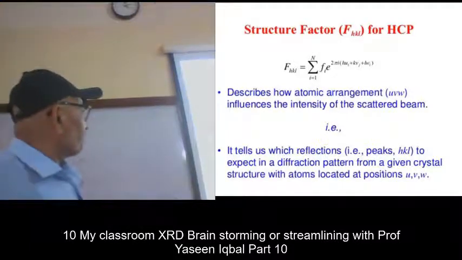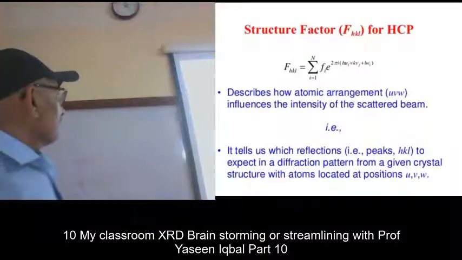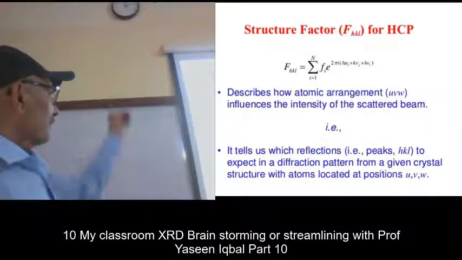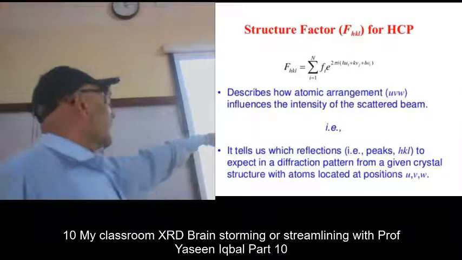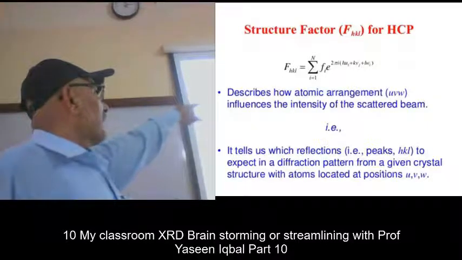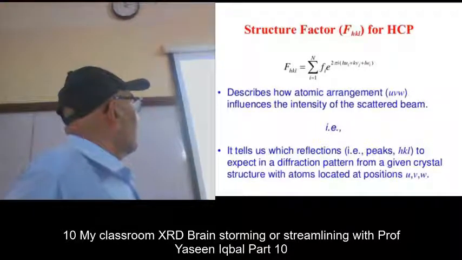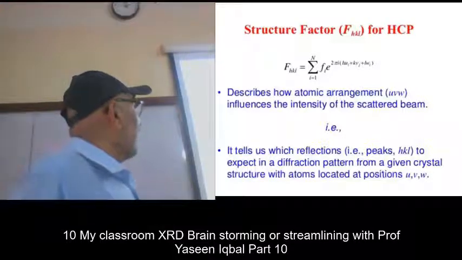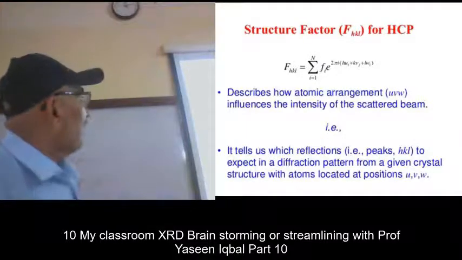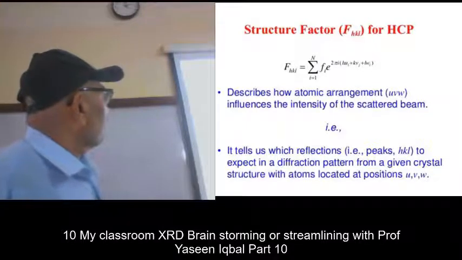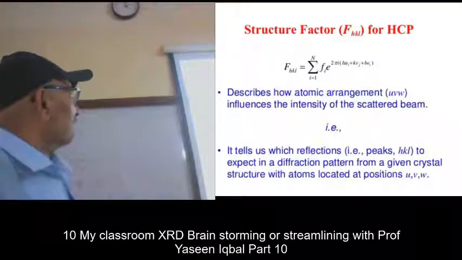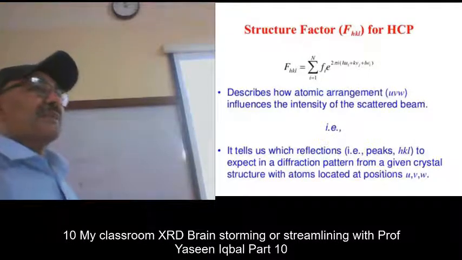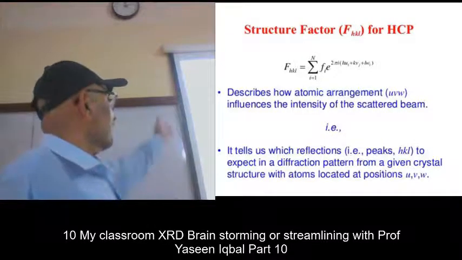It is the scattering factor of the individual atoms, and 2 pi i (h u_j + k v_j + l w_j). The i, j, k on the letters will be represented by the subscript number.